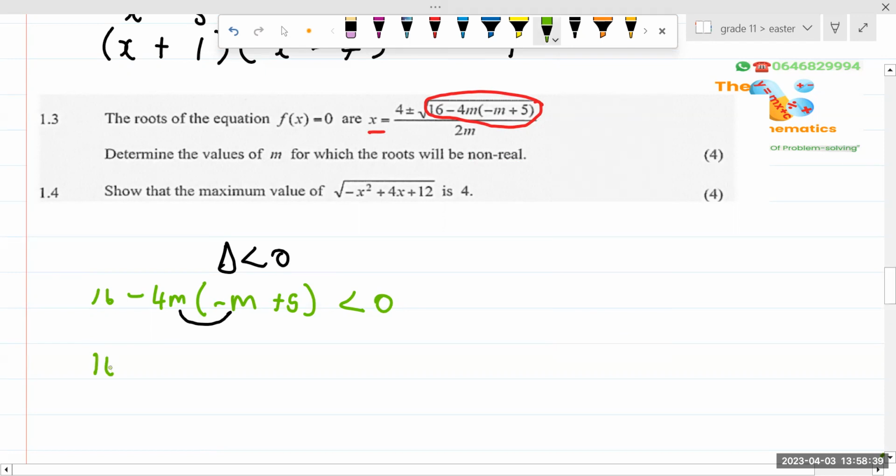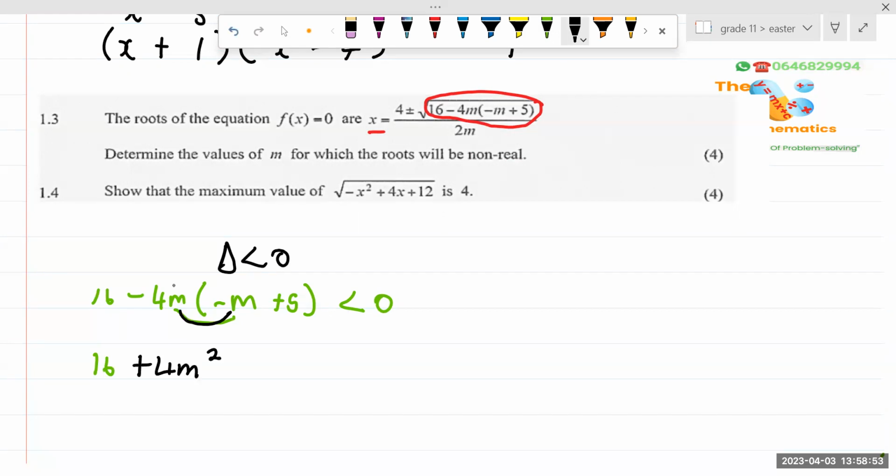We leave 16 exactly the way it is, and then I multiply these two and get positive 4m squared. After that, this one multiplied by this one gives negative 20m. This should be less than 0.